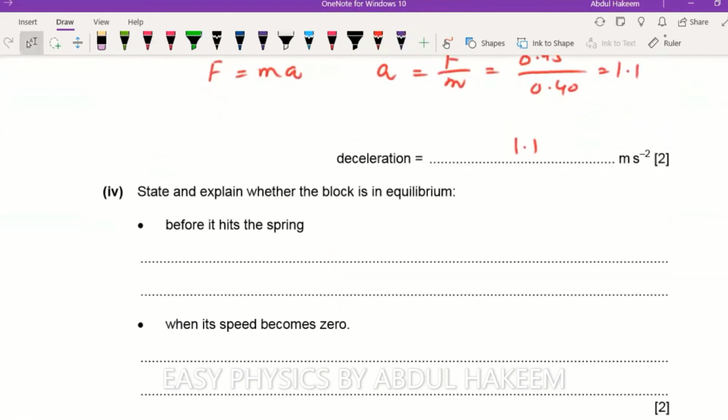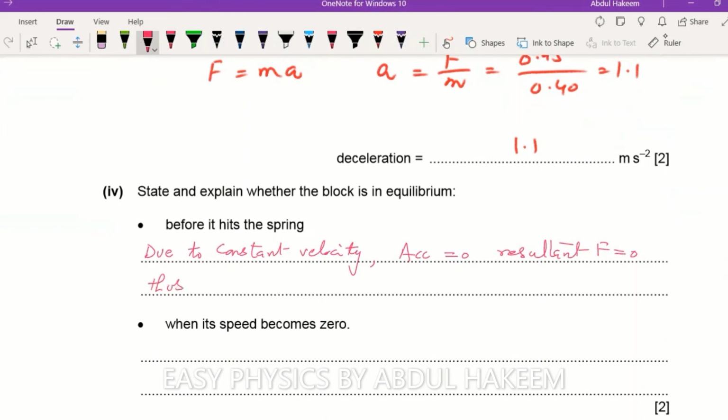So we will write here, due to constant velocity, acceleration is 0, resultant force 0, thus the block is in the state of equilibrium. Constant velocity, acceleration 0, because no change of the velocity, the resultant force 0, so equilibrium.